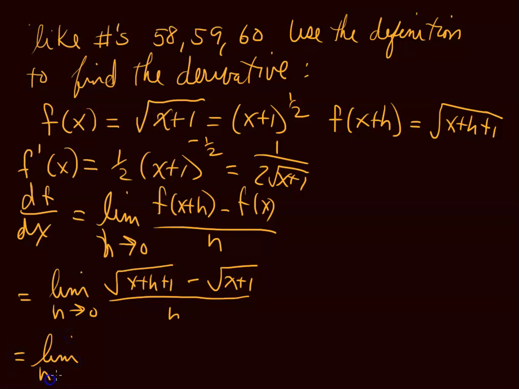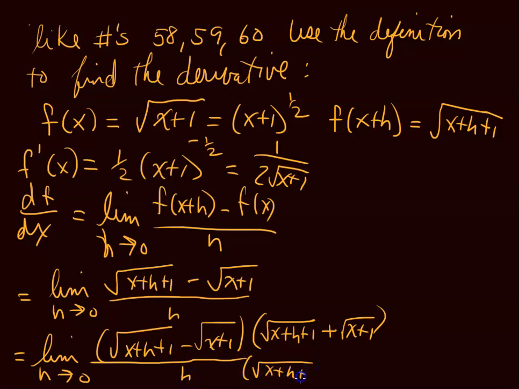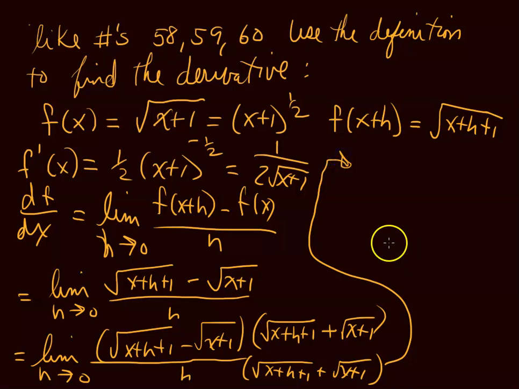So the limit as h goes to 0 of the square root of x plus h plus 1 minus the square root of x plus 1, times the quantity the square root of x plus h plus 1 plus the square root of x plus 1, over, got to do that to the denominator also, the square root of x plus h plus 1 plus the square root of x plus 1. So the numerator, because this is the sum and difference, is the difference of two squares.